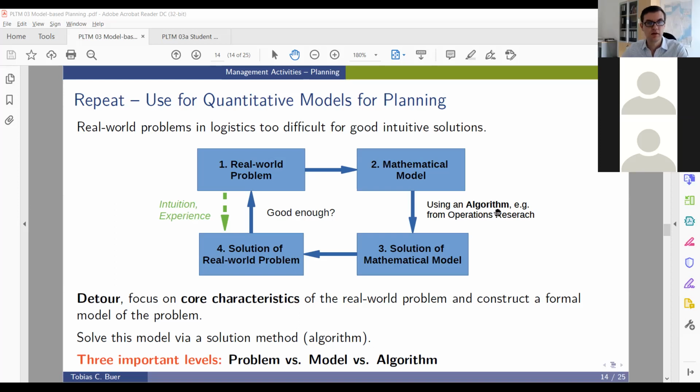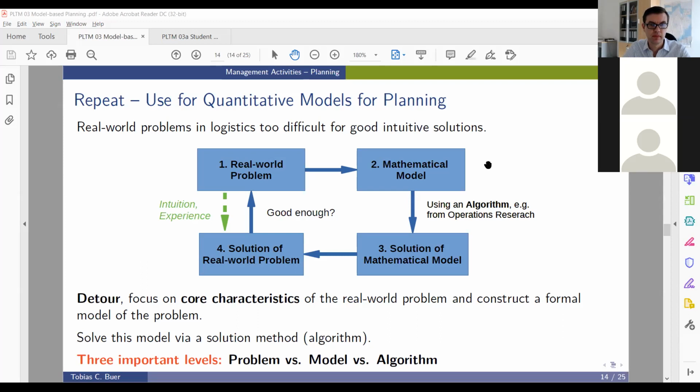It shows how we can solve a real world problem. Yes, exactly. Do you want to explain the steps? So if we have a real world problem, we can solve it in two ways.